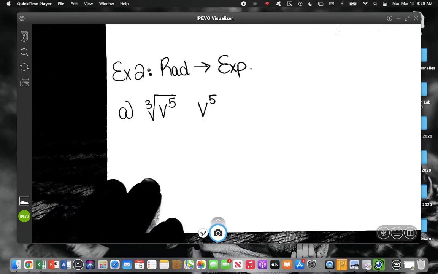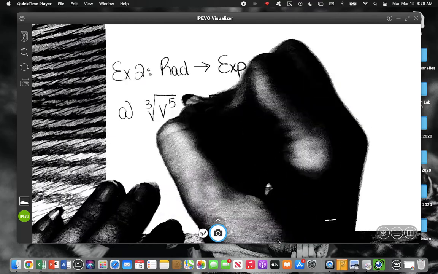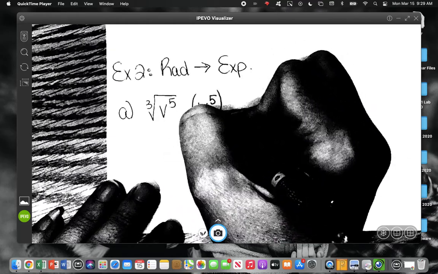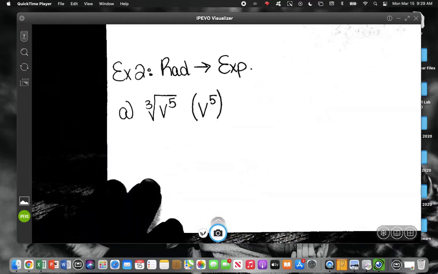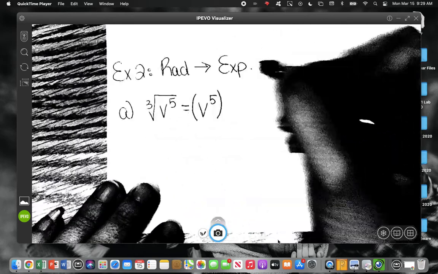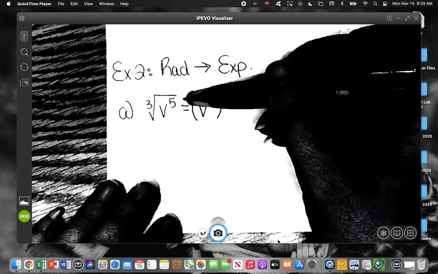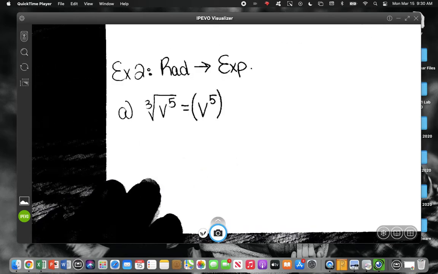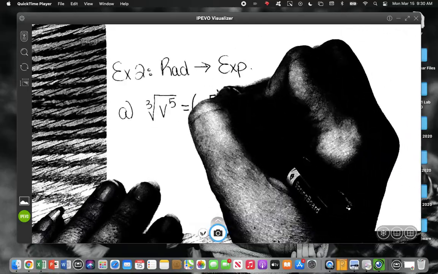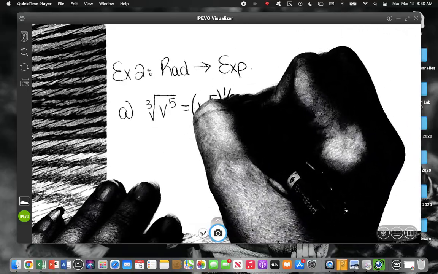Now, on this one, whatever is inside the radical, you want to put parentheses around it. Now, what's the power if there is no exponent outside? It is a 1, and my root is 3.